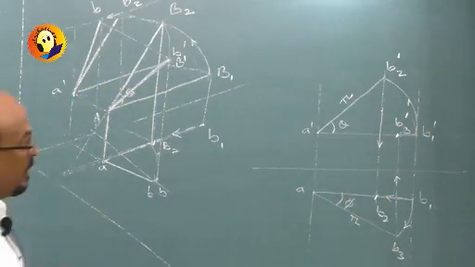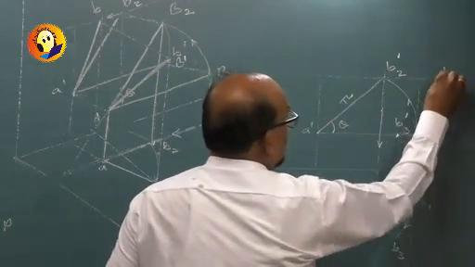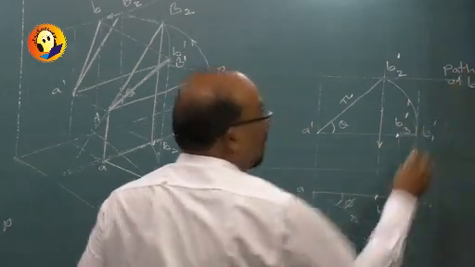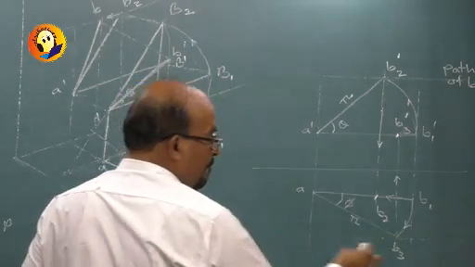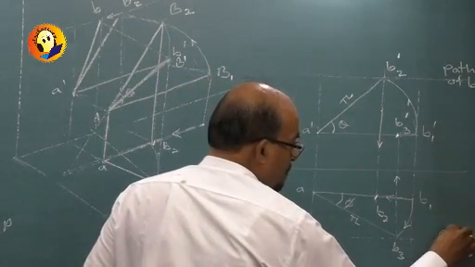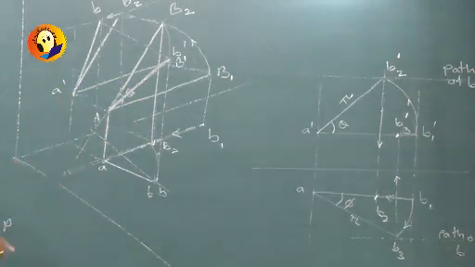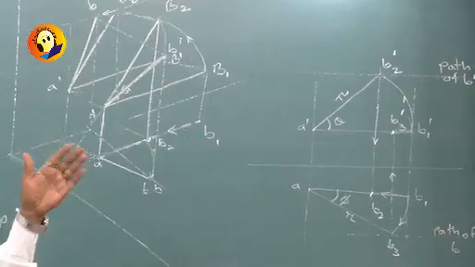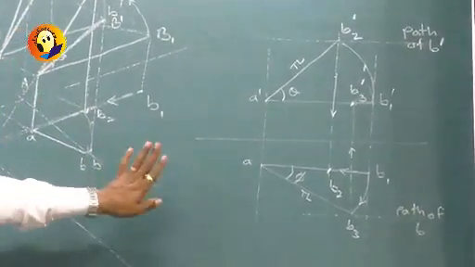Now what has happened? Here I had got the height of point B, that is path of B dash. Here I will get path of B. I am doing both the constructions on the same problem. Theta with HP, one. Yesterday it was a different problem, phi with VP. Now I have solved it over that only.